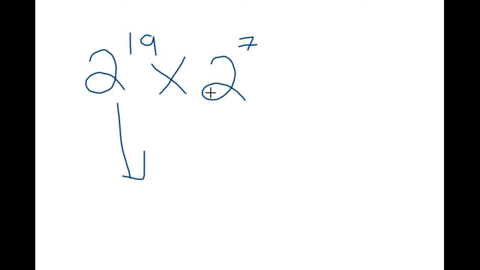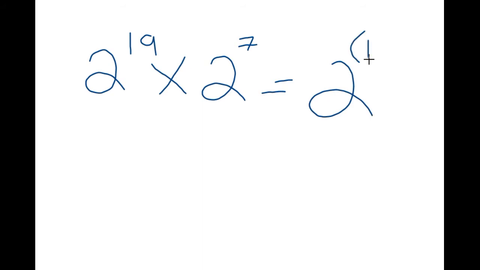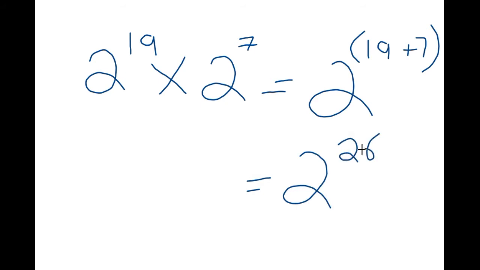So simply the answer will be 2 to the power of 19 plus 7, that makes 2 to the power of 26. Now here, the thing which you need to remember is that only when the bases of the numbers are the same and they are being multiplied will you be able to use this method.